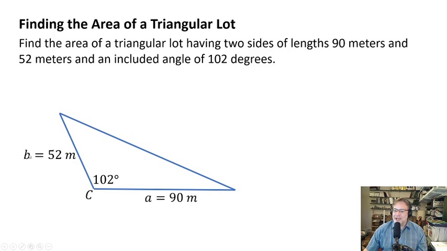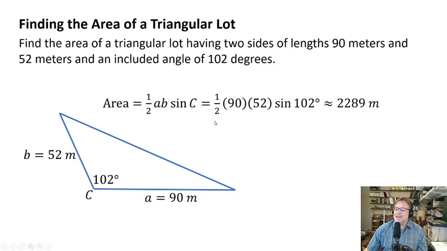Probably 1/2 AB sine of C. We just plug things in: 1/2 times 90 times 52 times the sine of 102. This lot here is about 2,229 square meters in size. And it just came from using one of these formulas.